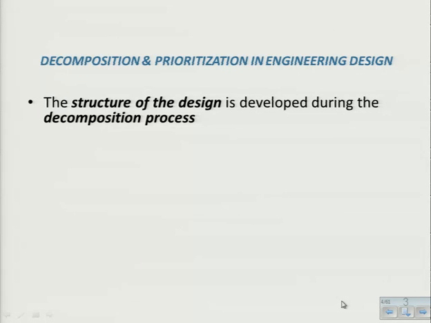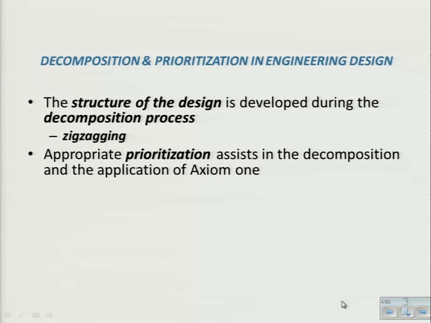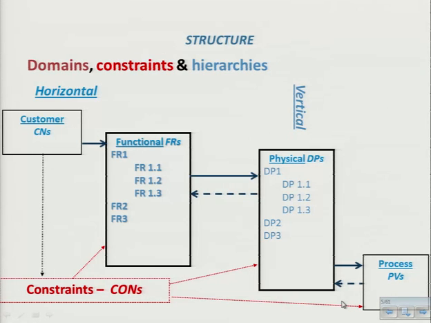So the structure of the design is developed during this zigzagging decomposition process. And one of the things is we need appropriate prioritization as we're doing the decomposition. So let's see how this goes.